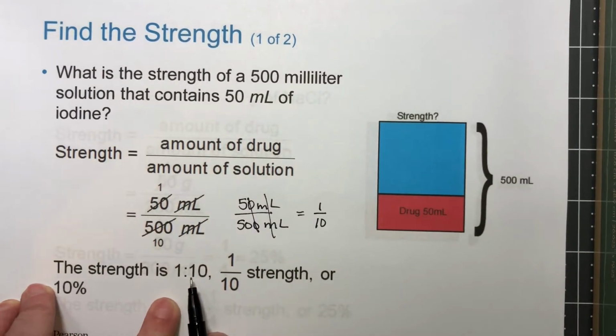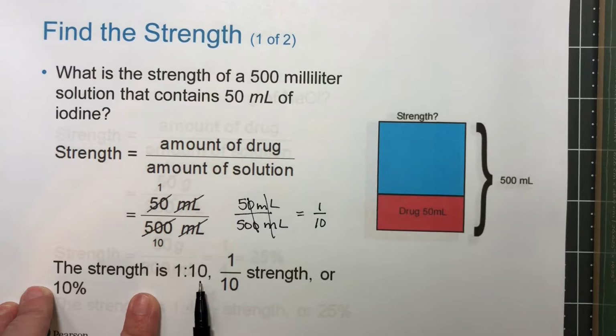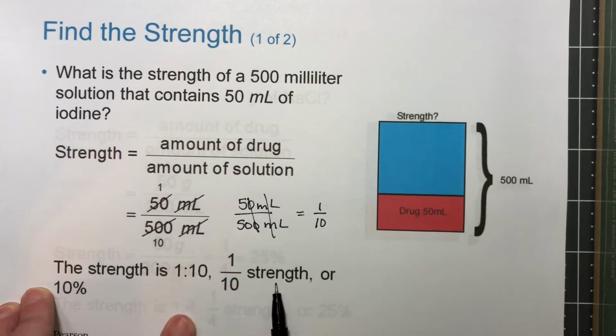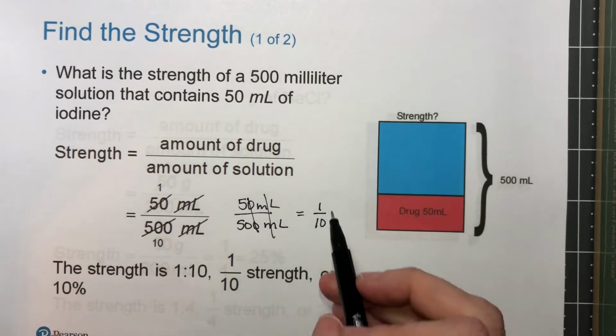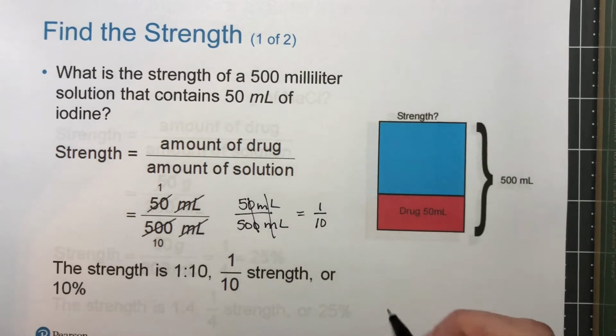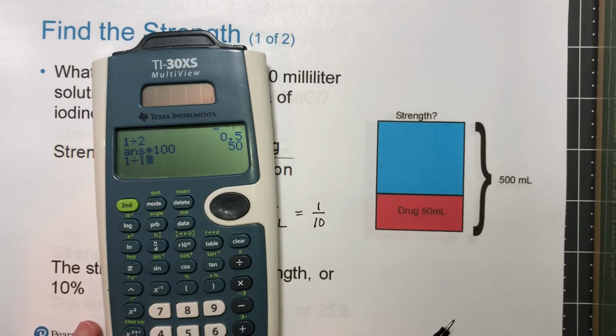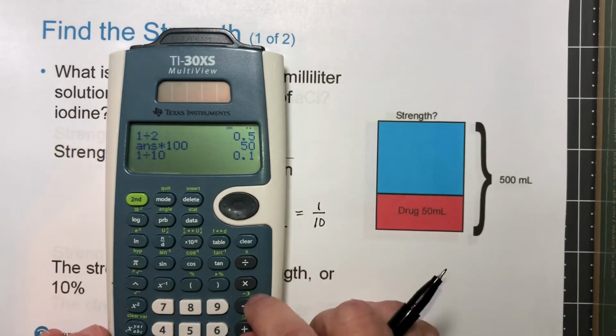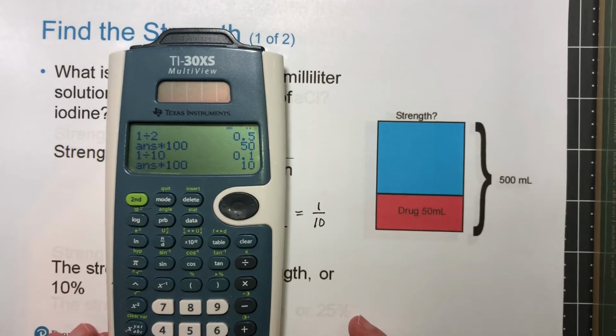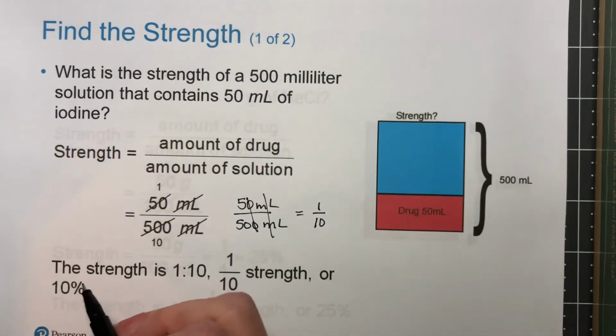So the strength written as a ratio is 1 to 10, or 1/10 strength as a fraction, or you do the division. 1 divided by 10 gives you 0.1, and then multiply that by 100 and you get 10. So it is 10%.